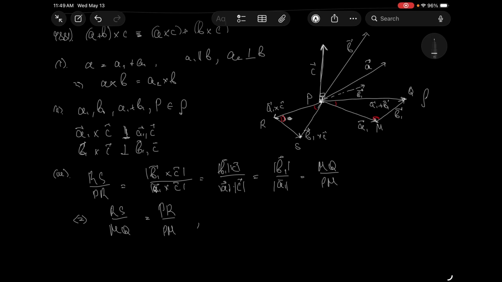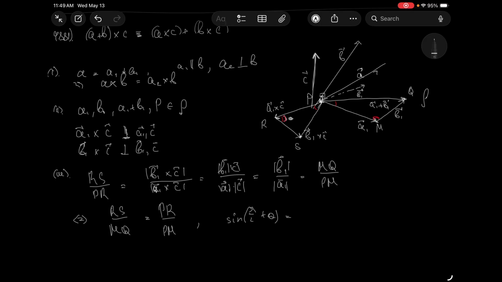You can easily see that because sine of pi over 2 plus theta should actually be cosine of theta in this case. So this preservation remains true.